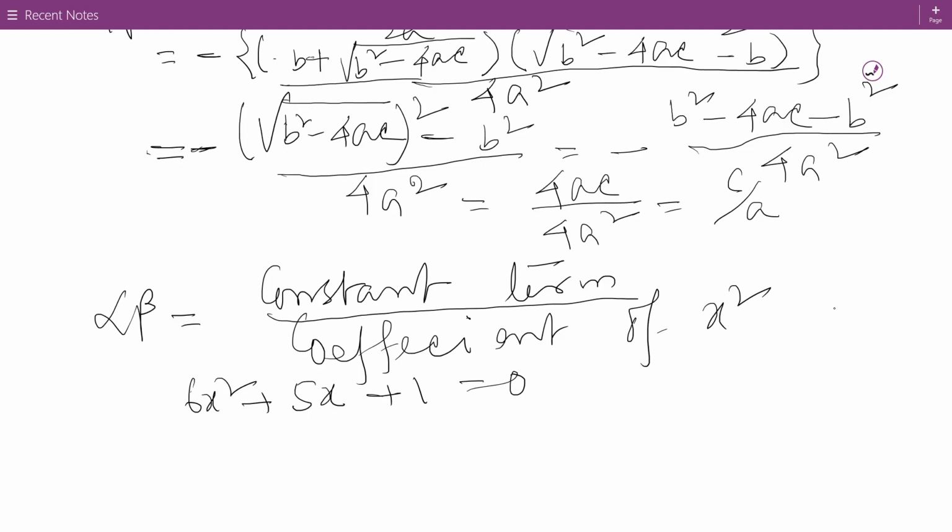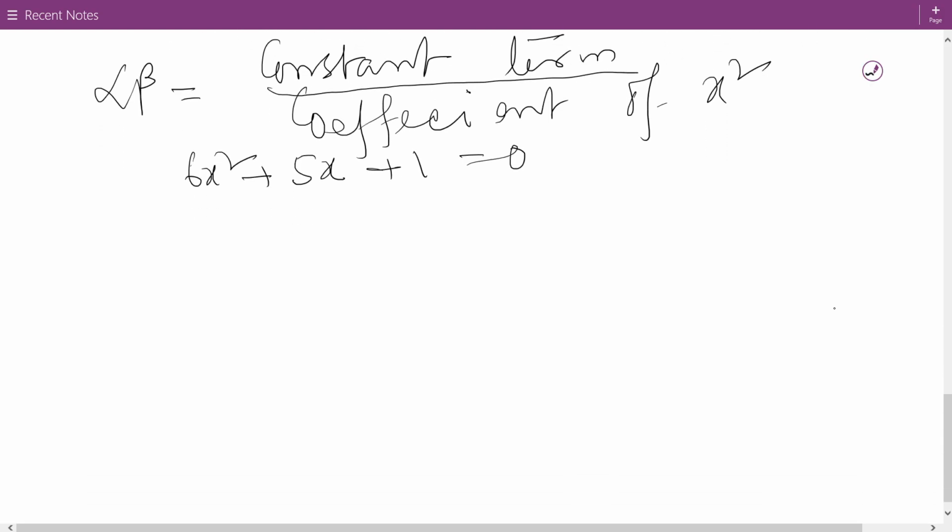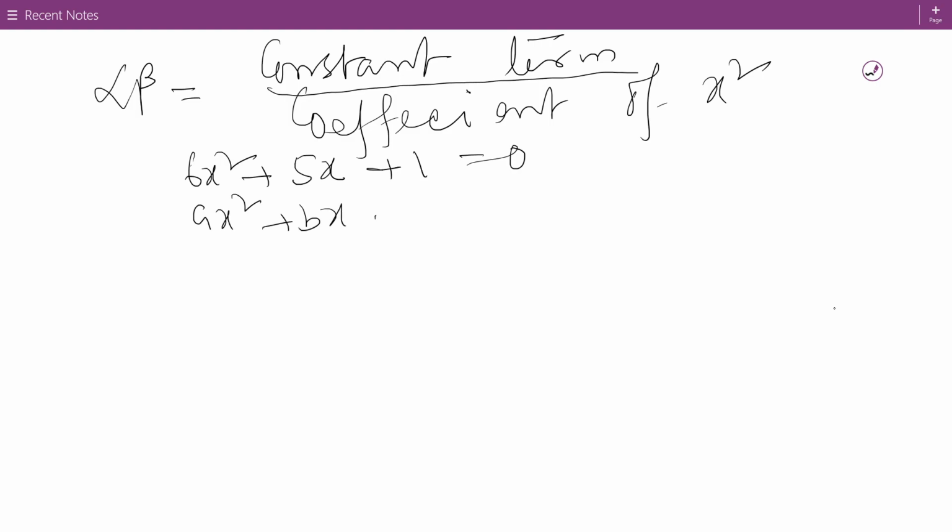If we compare these expressions with the Sridhar Acharya formula, ax square plus bx plus c equals to 0, a equals to 6, b equals to 5, c equals to 1.